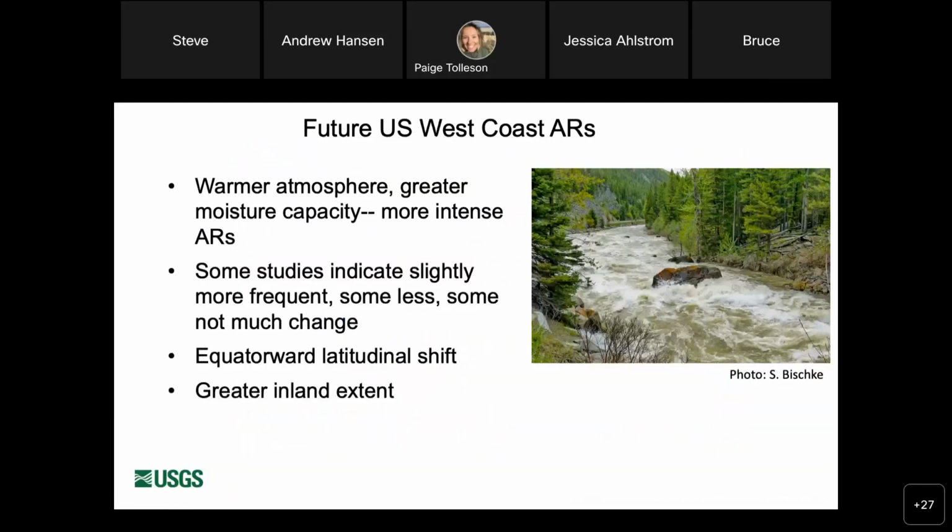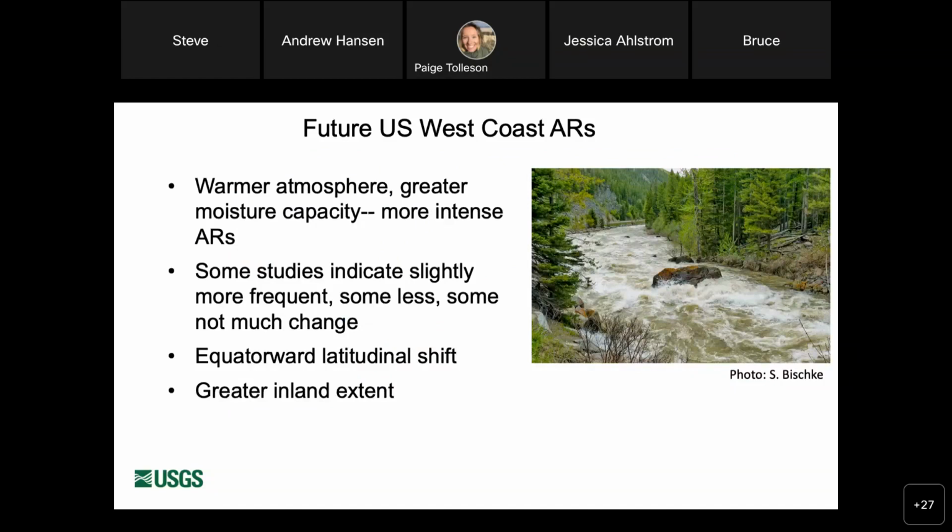Okay, as far as ARs in the future, the idea that the atmosphere is warmer, it can hold more, there's greater moisture capacity, implies that there will be more intense ARs.